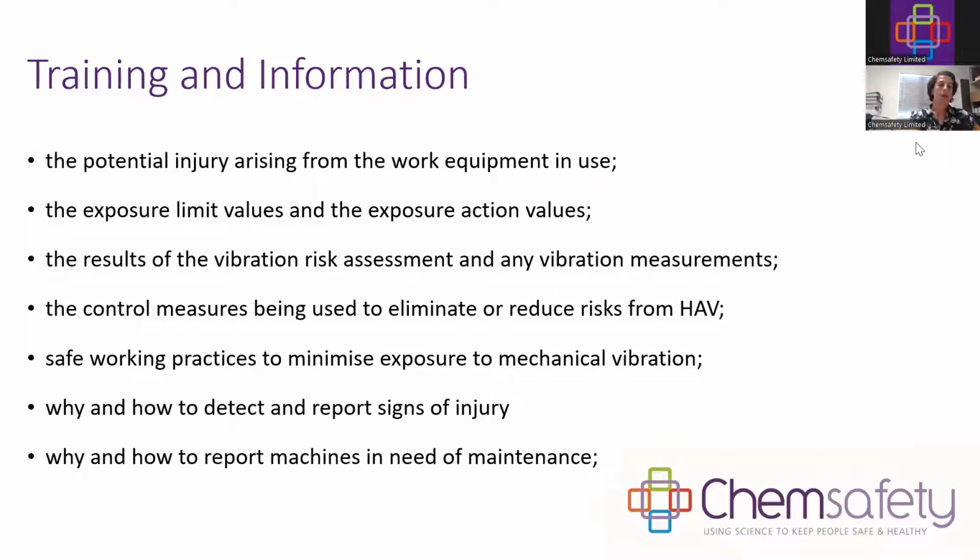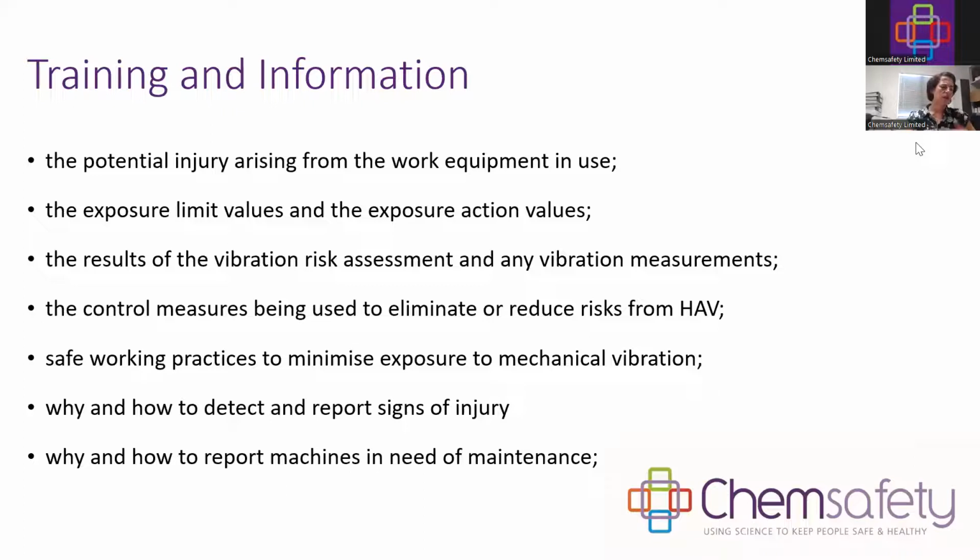So a great way also to reduce vibration risk is training and information. So the best is to explain to the operator the potential injury arising from the work equipment use, so that if they understand what they are doing and how they can potentially cause harm to themselves, they might be more wary to use the tool more appropriately or in a more secure position.